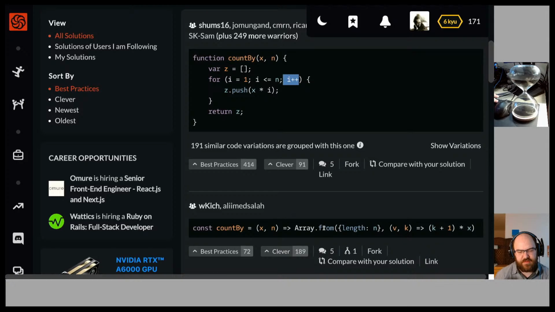array.from. x, n arrow, array.from length colon n, v comma k arrow k plus 1 times x. Let's look at array.from on MDN.